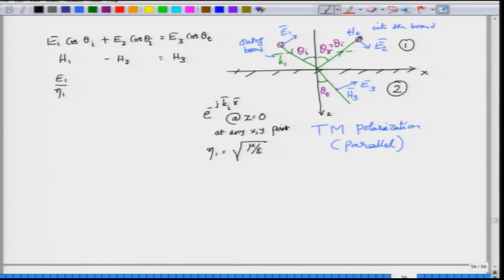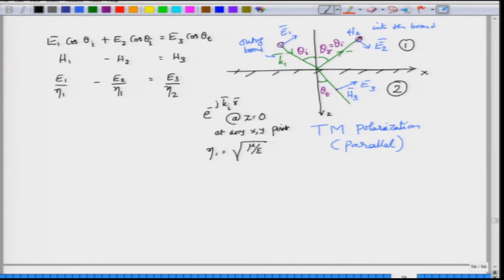And H2 is given by E2 divided by eta 1 again. Why eta 1 again? Because both incident and reflected waves are in the same medium. Okay. So, this would be equal to E3 divided by eta 2, that is for the second medium.